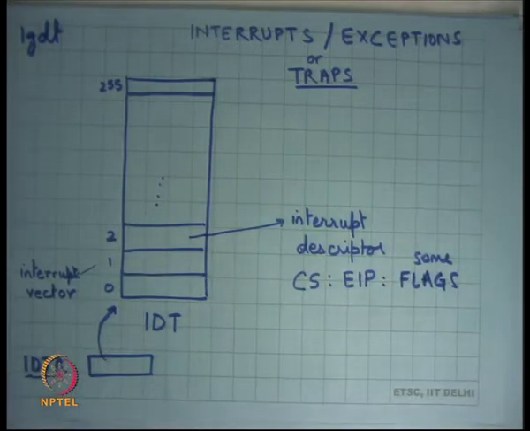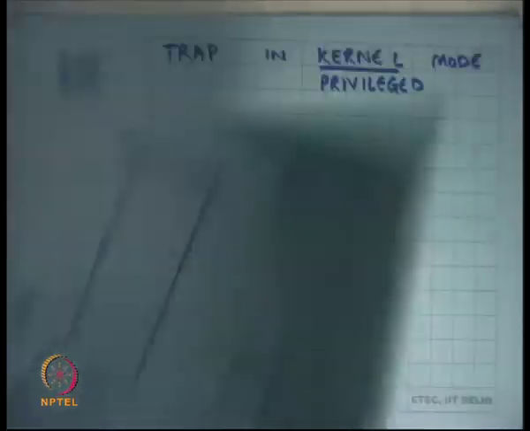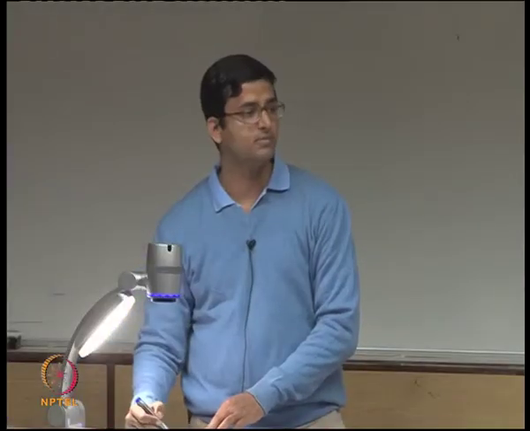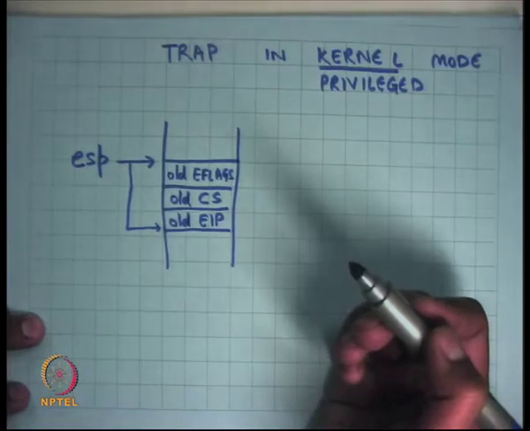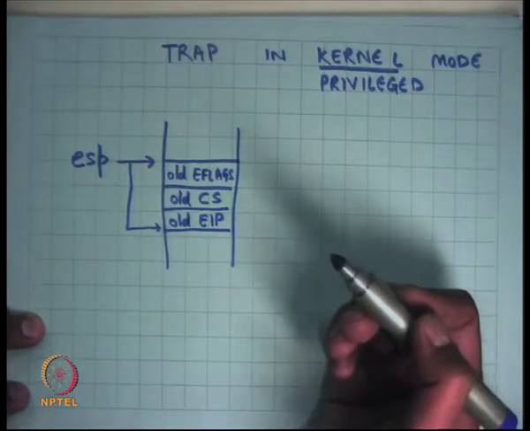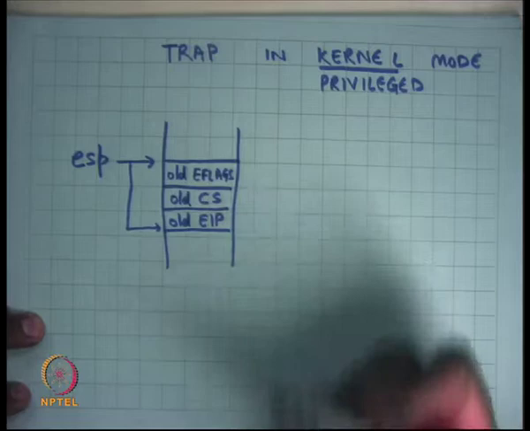So before you start execution of the interrupt handler, you're also going to replace some flags with the values that are present in the descriptor, and because you're going to change things, you also need to save them, and once again you save them on the stack, right? So this is clear? So this is stored in the kernel stack.